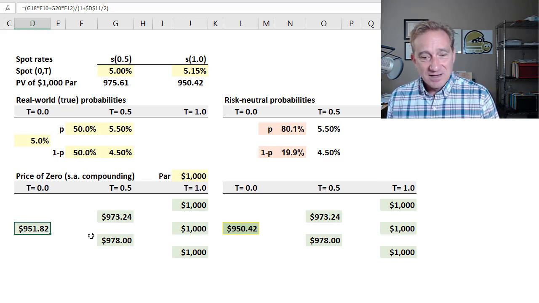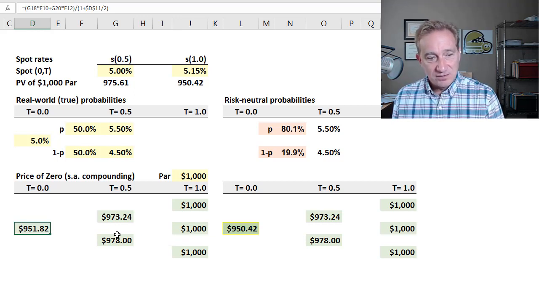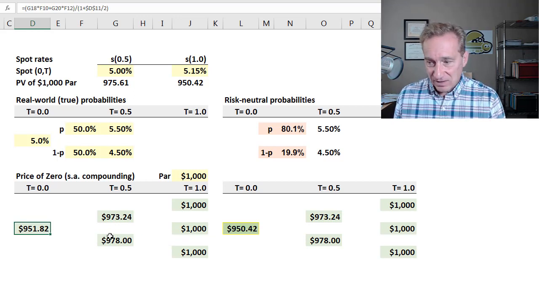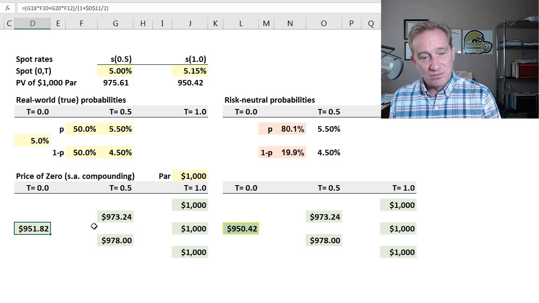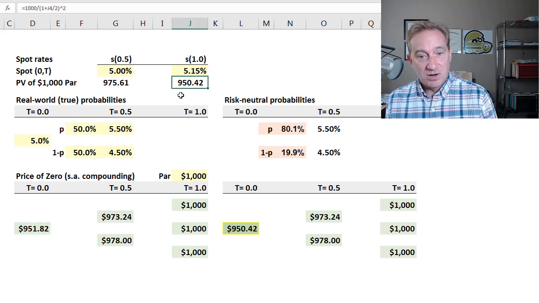And again, I've just implemented what's explained in Tuckman's Chapter 7 example, so the numbers do match. However, we can observe that the expected discounted value under the real-world probabilities is higher than the market price or theoretical price of this bond if we use the spot rate.